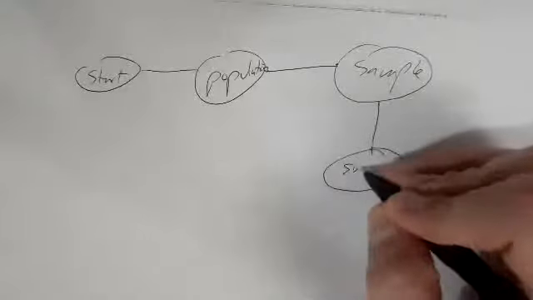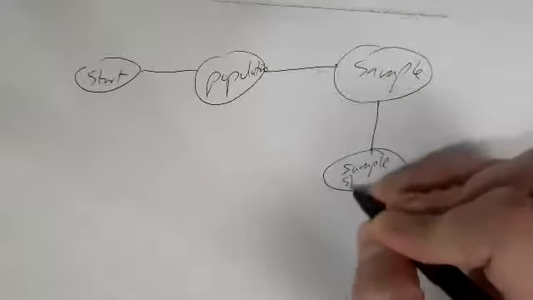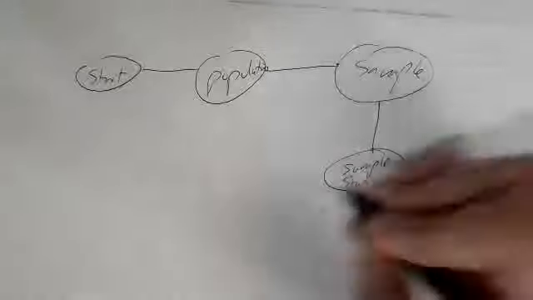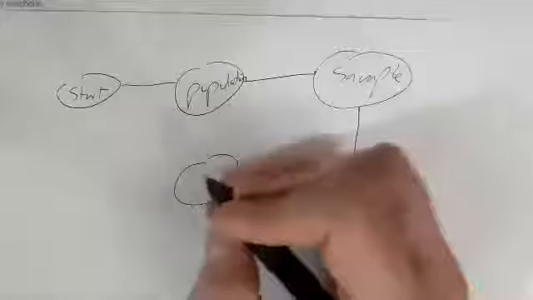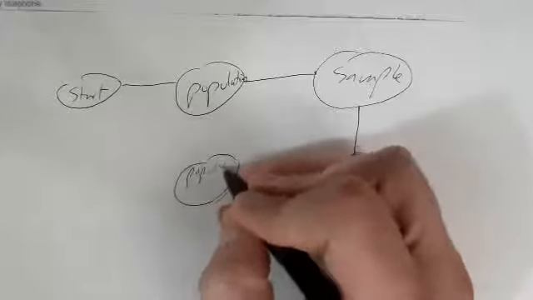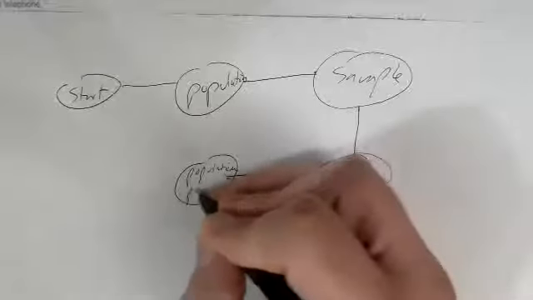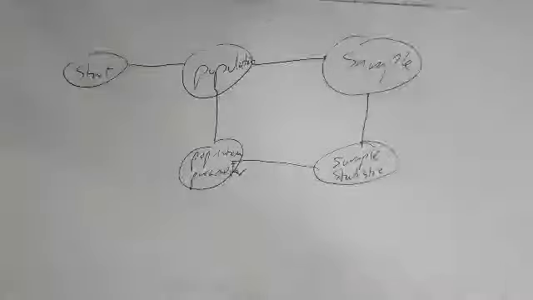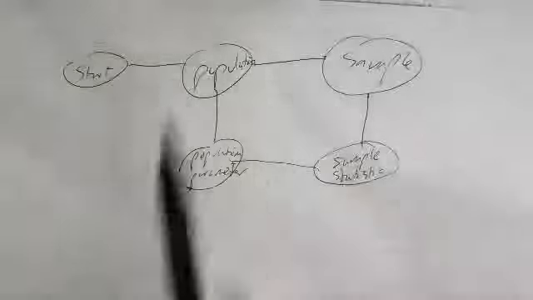We take a sample, we get the sample statistic. From that, we're going to draw a population parameter. And that's going to describe something about our population. So we're trying to get at some sort of information about our population.